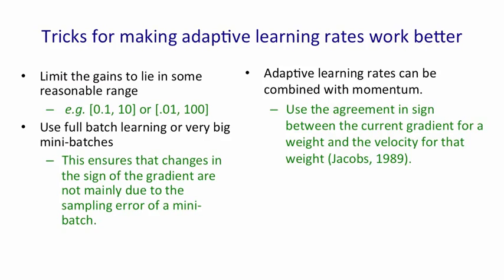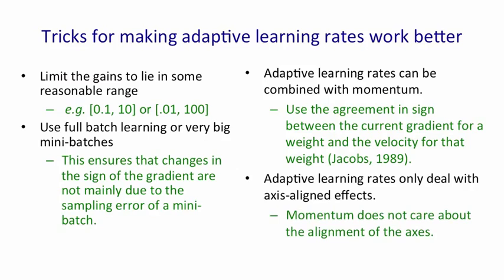And if you do that, you get a nice combination of the advantages of momentum and the advantages of adaptive learning rates. So adaptive learning rates only deal with axis-aligned effects, whereas momentum doesn't care about the alignment of the axes. Momentum can deal with these diagonal ellipses and going in that diagonal direction quickly, which adaptive learning rates can't do.